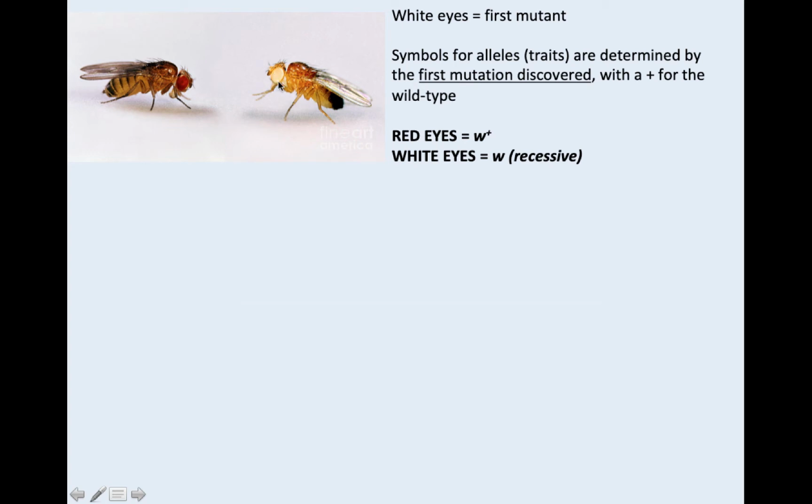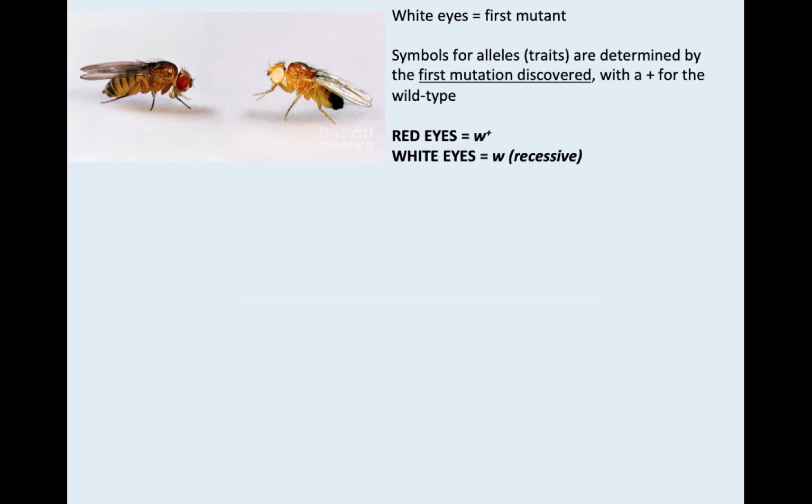And so the mutation for eye colour is represented with a W. Eye colour in Drosophila is represented by a W because W stands for white, and white was the first mutation found.